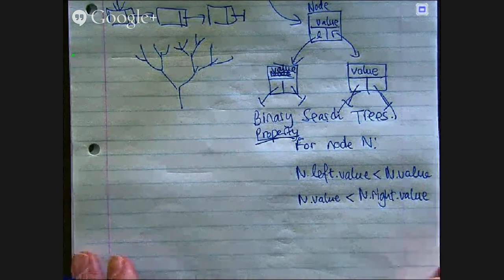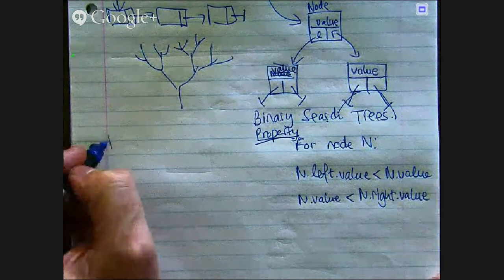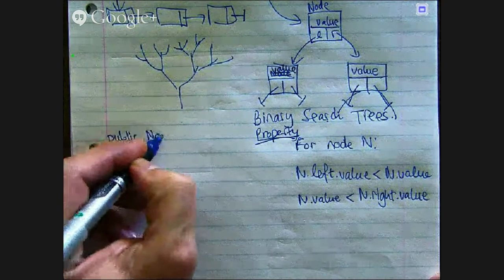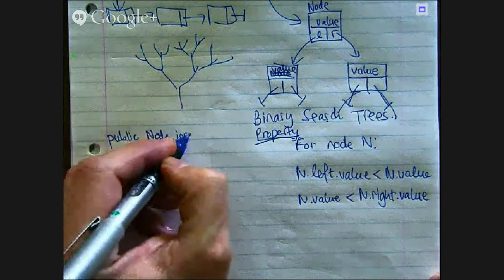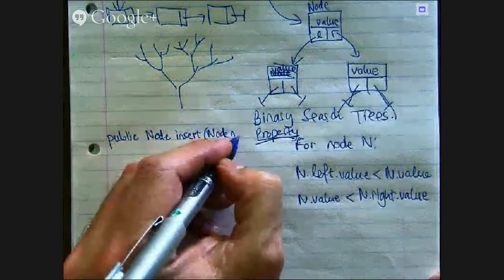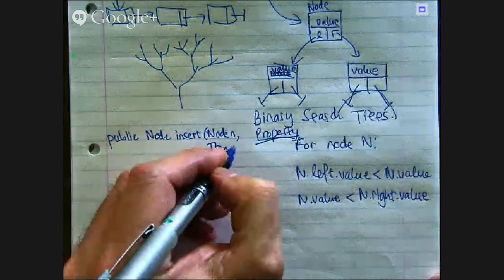So we're going to write a function called public node insert, node n, item.